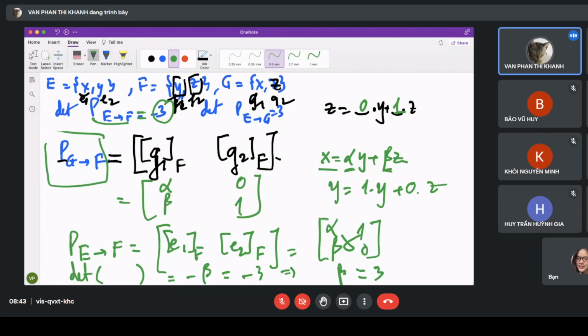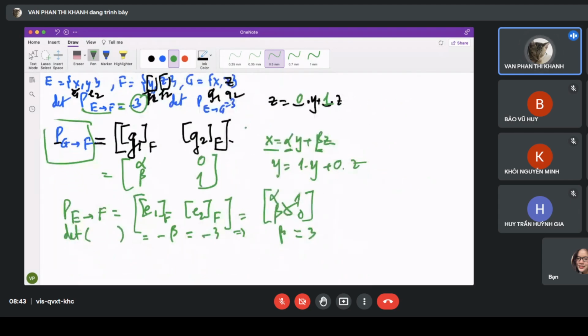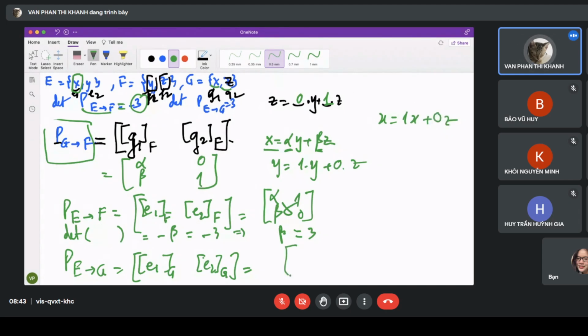Okay, and for E to G, the same. P from E to G means that in this position you have the coordinates of E1 in G and E2 in G. E1 is X, and G here is X and Z, so X equals 1X plus 0Z. So the first column will be 1, 0. And Y you can represent as a linear combination of x and z.